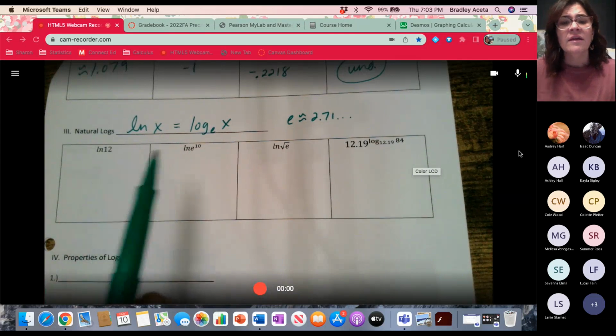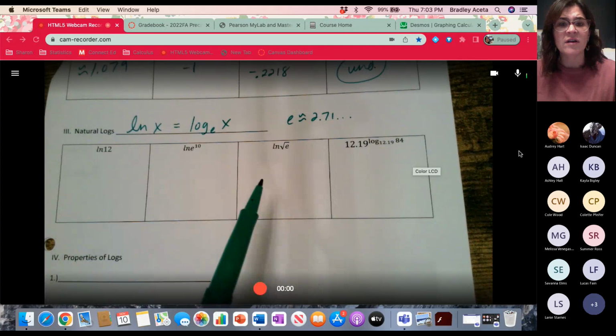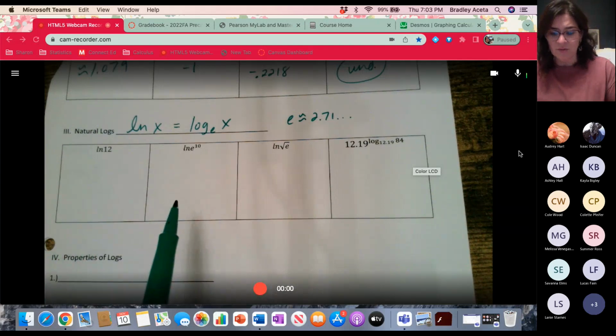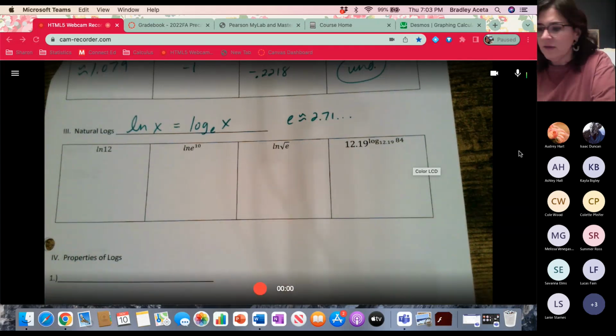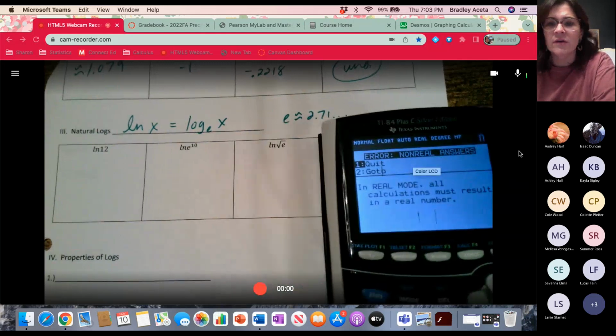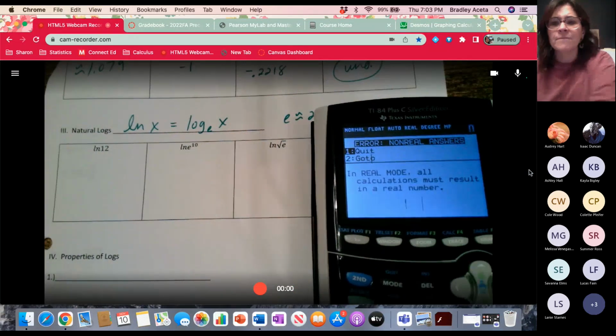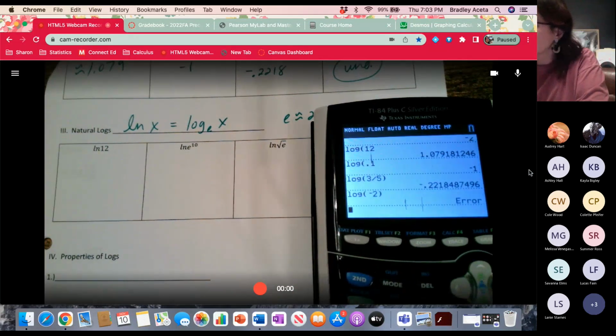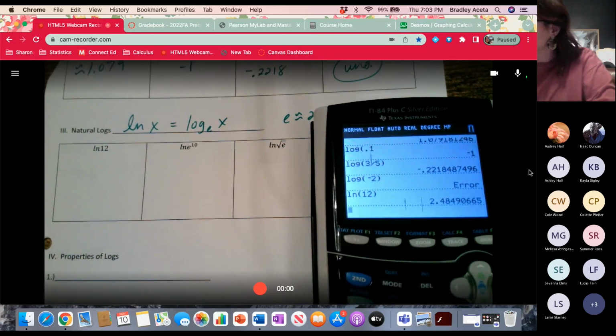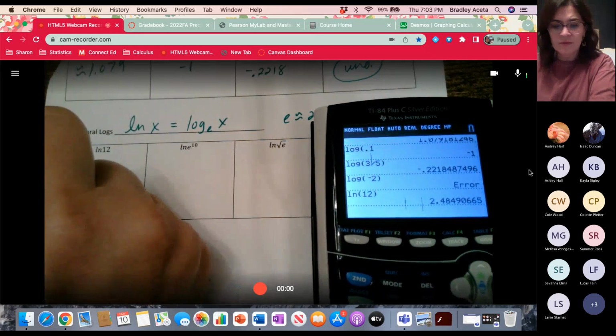And again, there'll be parts of homework tonight where they ask you to evaluate it. And again, you can just use your calculator. We'll do ln of 12, and we get 2.485.